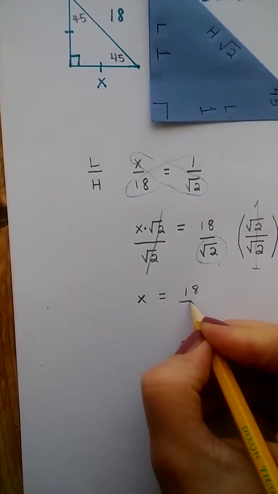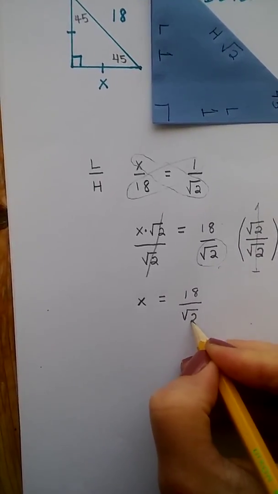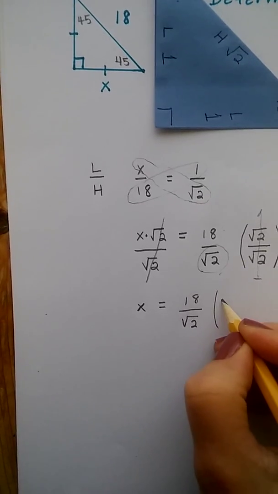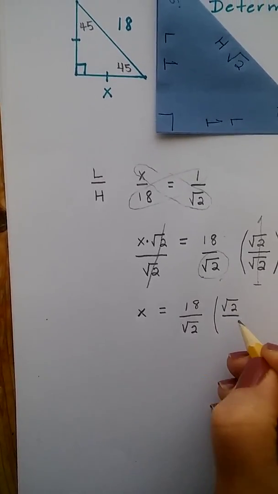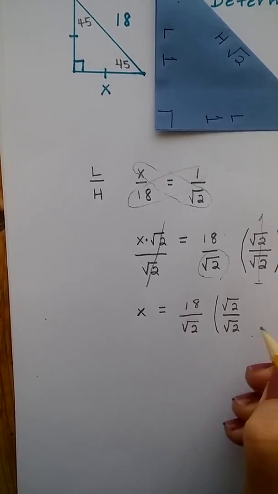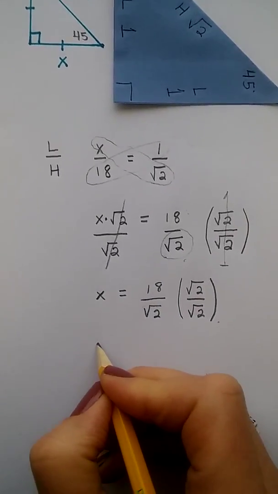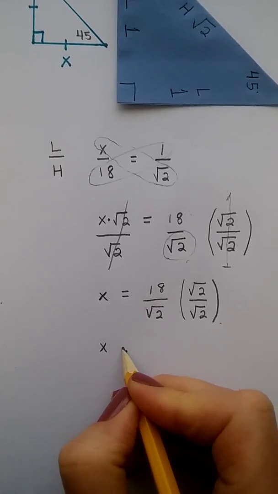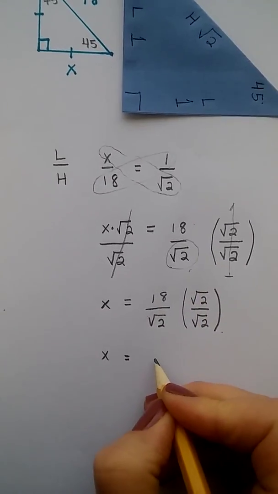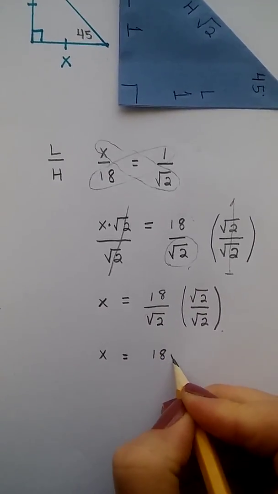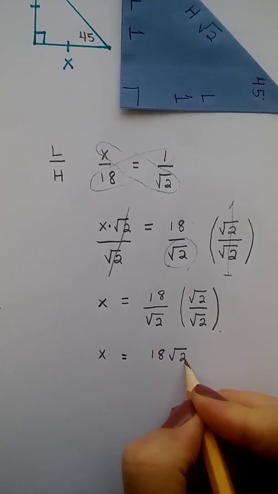So we had an 18 root 2. And we are going to rationalize with root 2 over root 2. These are going to be written right next to each other because 18 is outside and root 2 is inside.